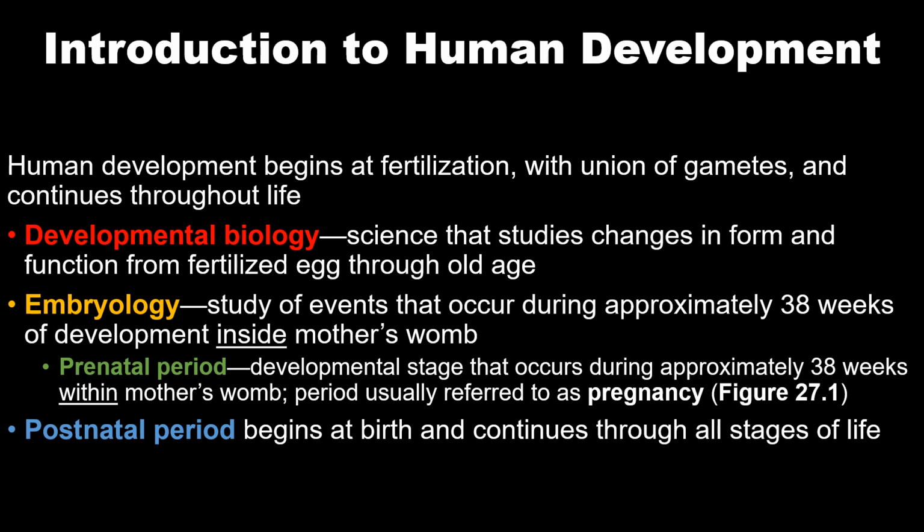Developmental biology also includes a little bit of the postnatal period, which includes birth through all of the life stages, although technically postnatal may refer only to the short period following birth. So let's look closely at these periods in time.